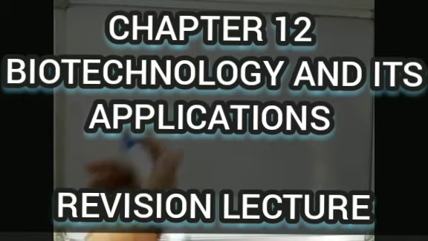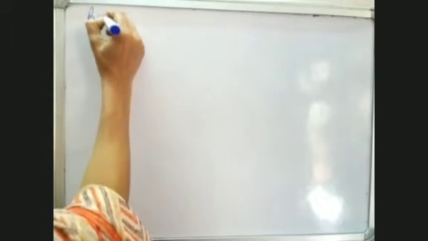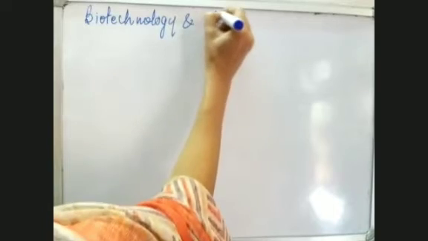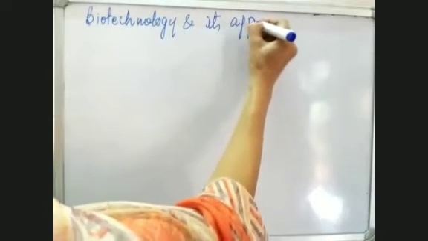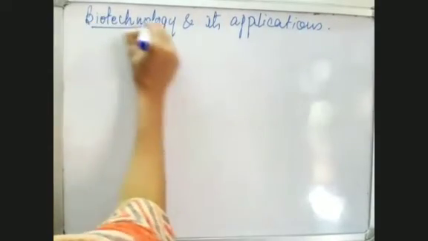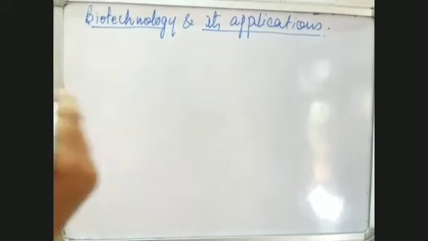Today, we will do the review of the chapter we have already done, which is biotechnology and its applications. First we did the difference between hybrids and GMOs.